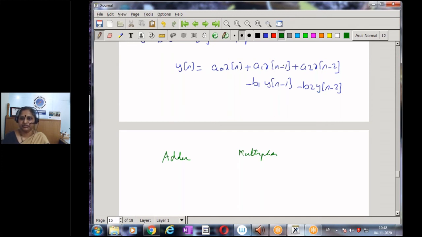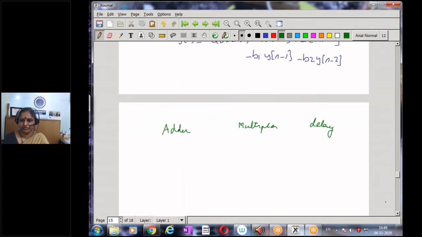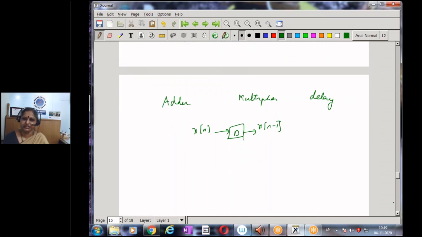In addition, I also need some delay elements. Delay elements give x[n-1], x[n-2], etc. So if I give x[n], and I have a system that gives me a unit delay, I will get x[n-1]. So if I have adders, multipliers, and delay elements, I can implement a given difference equation.